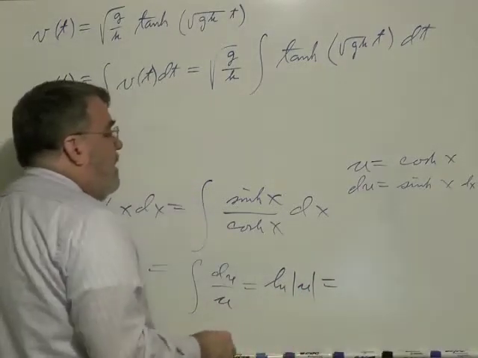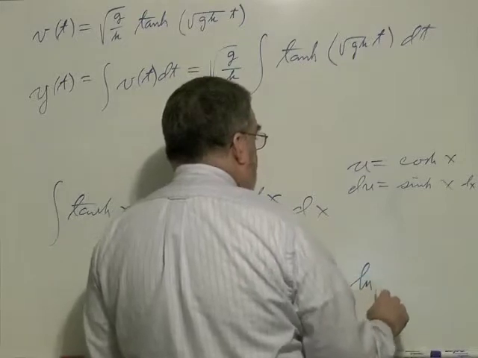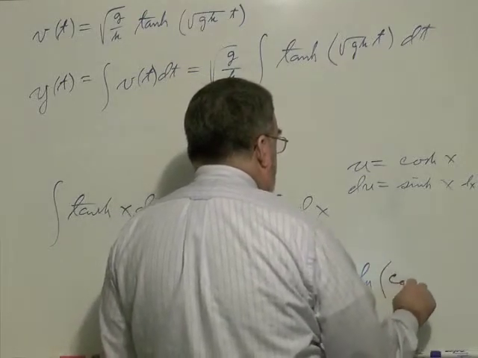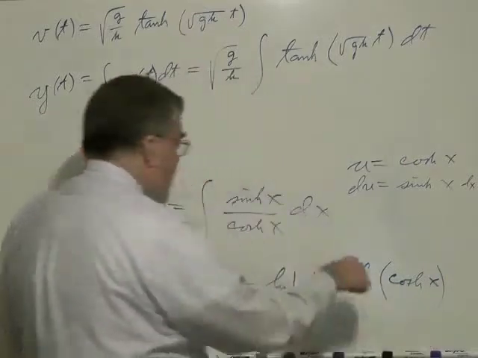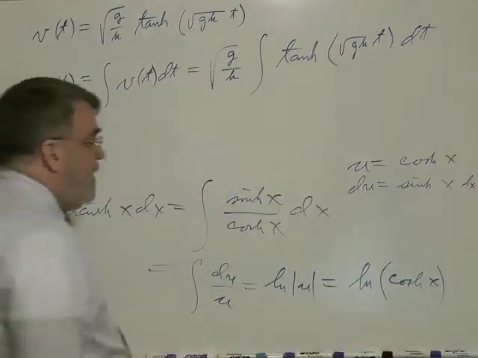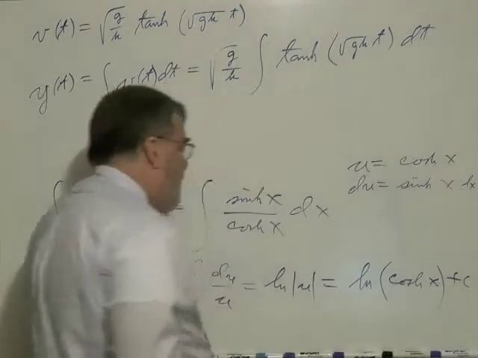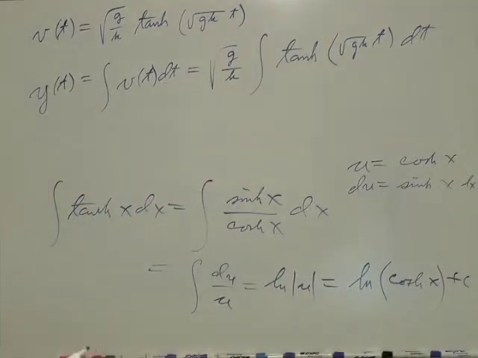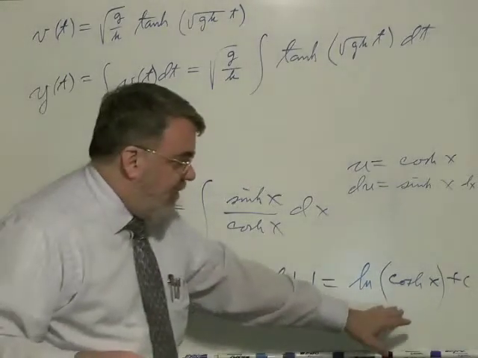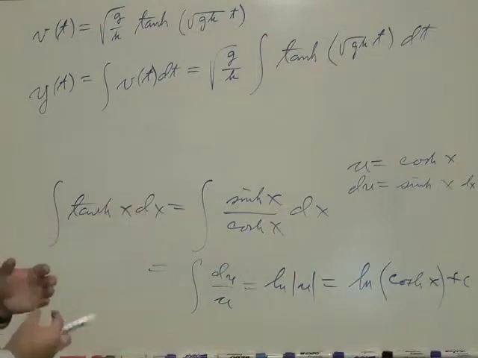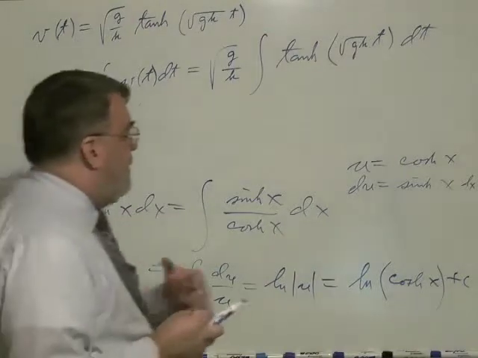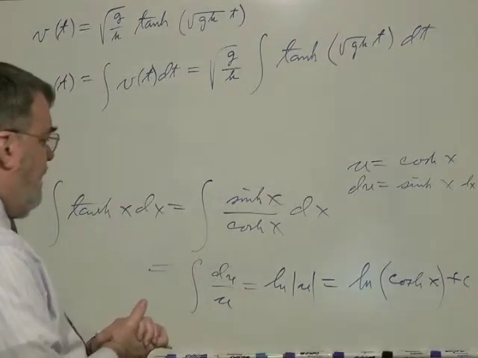And when I replace u, I've got the natural log of the cosh function. And then we would have an additive constant here, plus c. Alright, so basically the integral of tanh is natural log of cosh. Now you can look that up also. Some calculus books have this in the back in integral tables. But it's not a hard integral to figure out, provided you remember a few things.